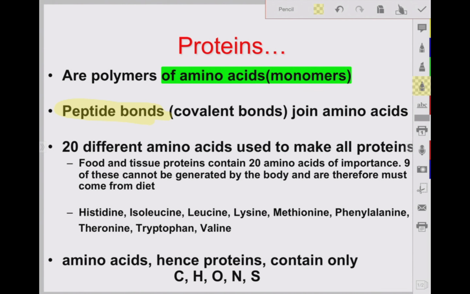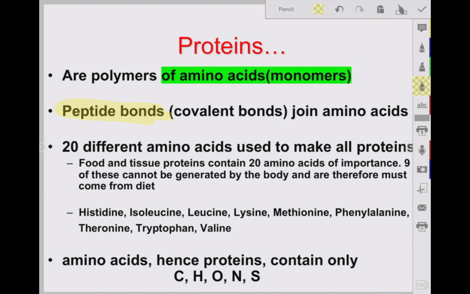Now, as far as the different kinds of amino acids, there are really 20 different amino acids in total, but there's 9 that our body can't make. And I always find that interesting. It's not surprising we don't have all the genetic coding to synthesize what we need. And if you look at our pets, for example, they have different coding.